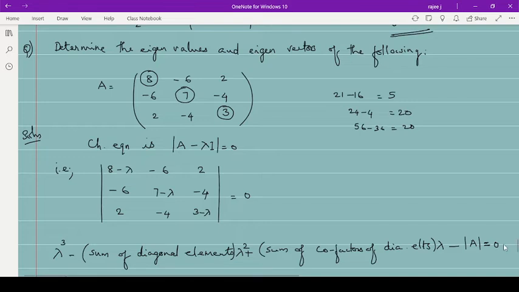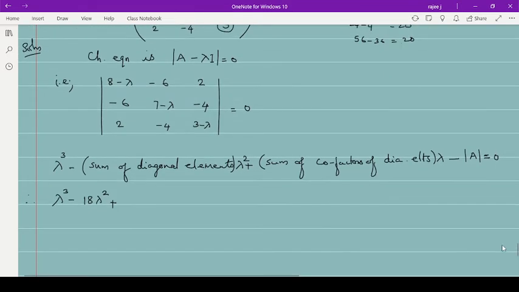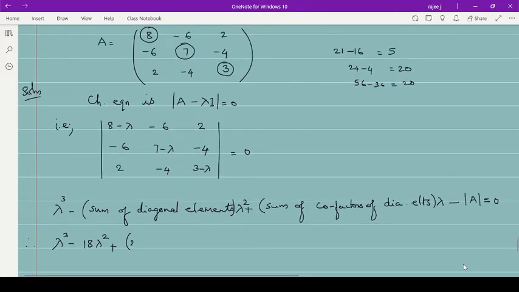So it is 20 plus 20 plus 5, so 45. Directly you can write 45, or if you want, write it as one more step. Once you get much practice, you can write it completely. Then minus determinant of A.